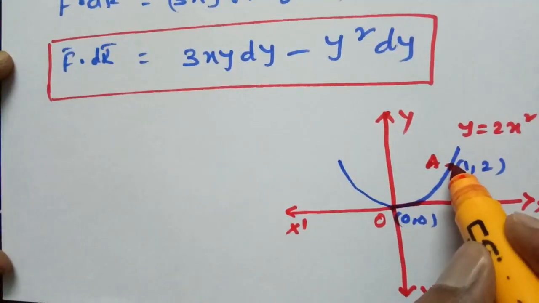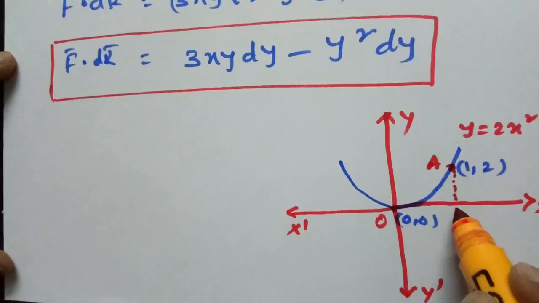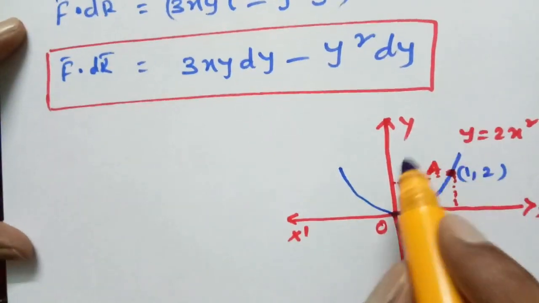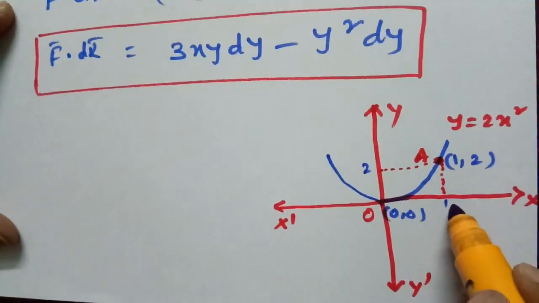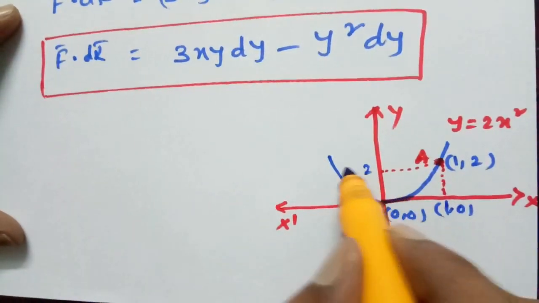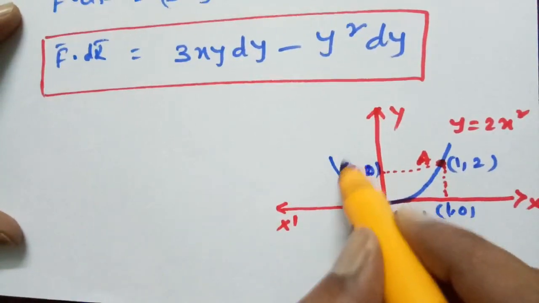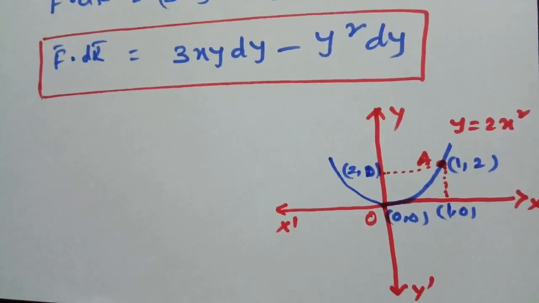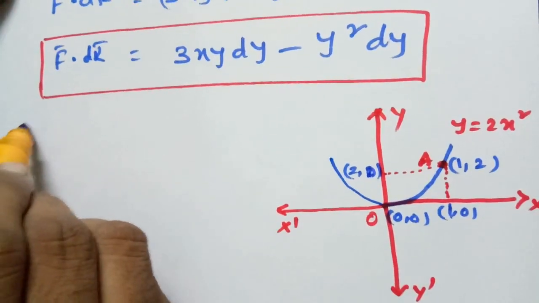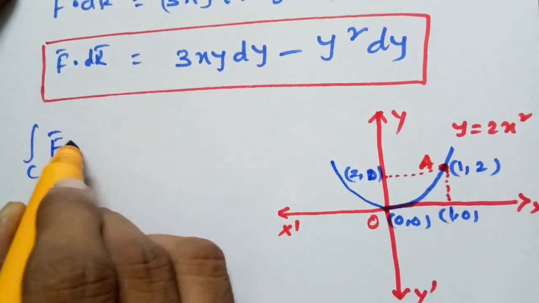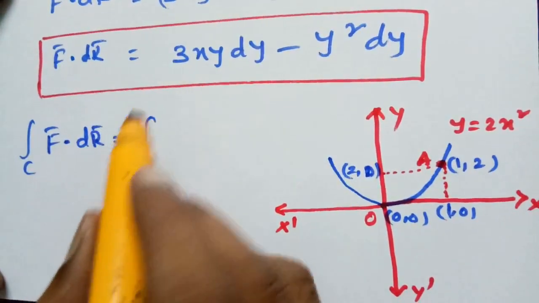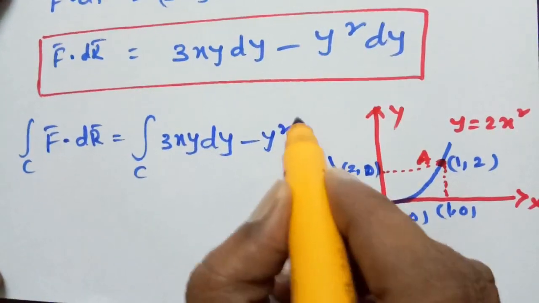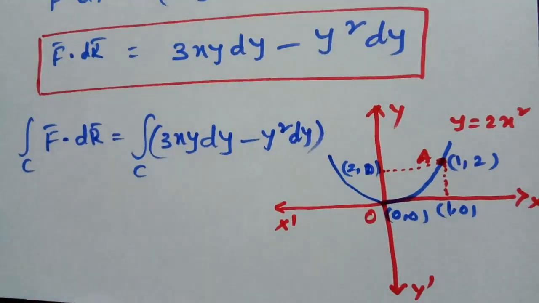Therefore, integration over C of f bar dot dr bar is equal to the integral over C of 3xy dx minus y square dy.